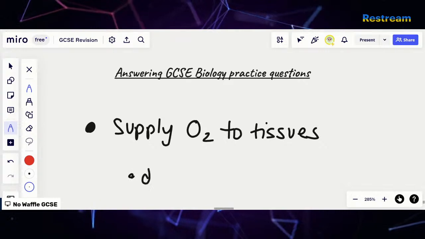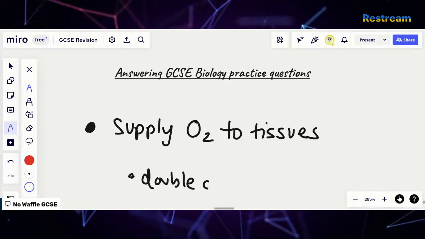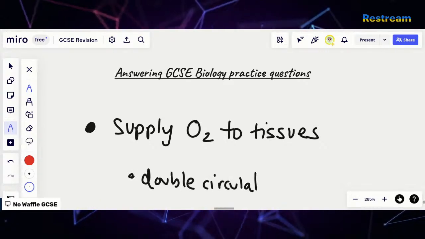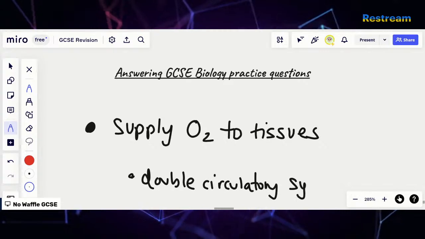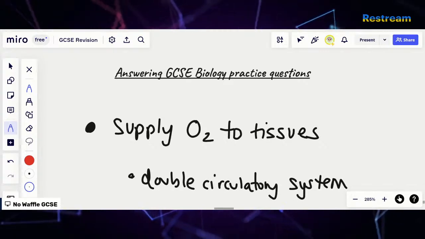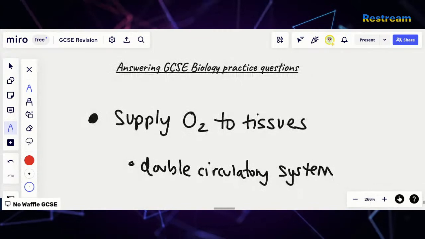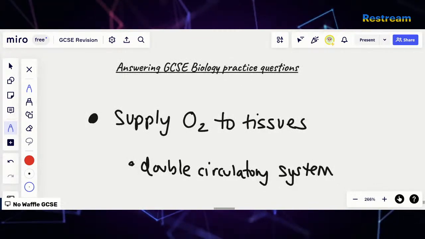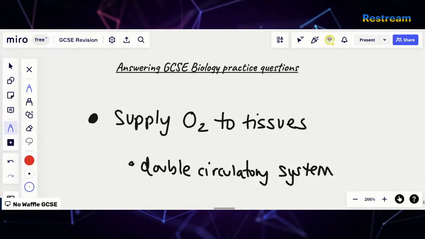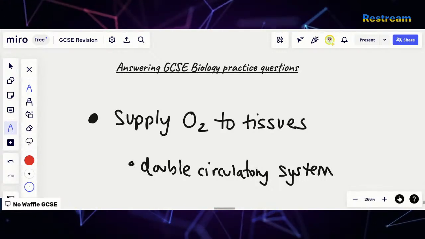So the double circulatory system allows higher blood pressure and greater flow of blood to get more oxygen.